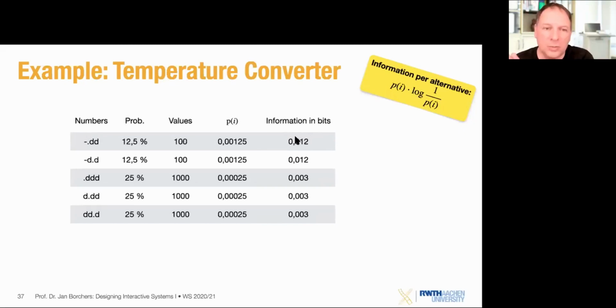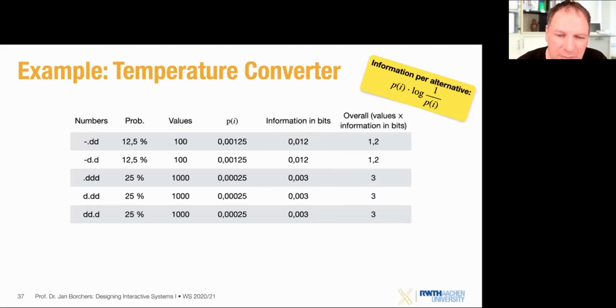And now we can add this back up. This first row, for example: every single value here has an information of 0.012 bits. There are 100 different values of these, so overall they give me 1.2 bits of information as a whole.